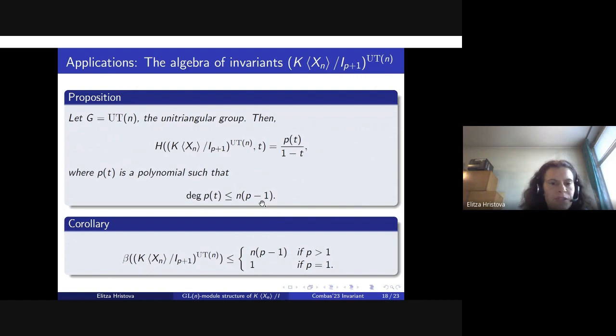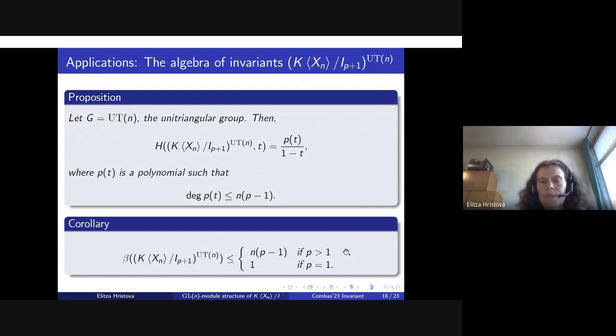In this case, the algebra of invariants is not finite dimensional, only finitely generated. And as an immediate corollary, we get this estimate on the maximal degree of a homogeneous generator: it is n times (p minus 1) if p is greater than 1, and it is 1 when p is 1.